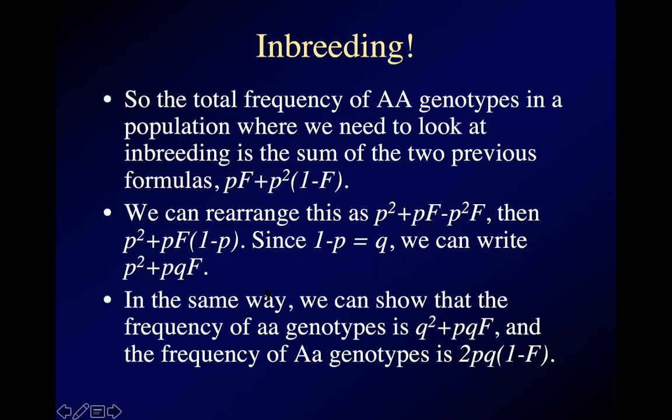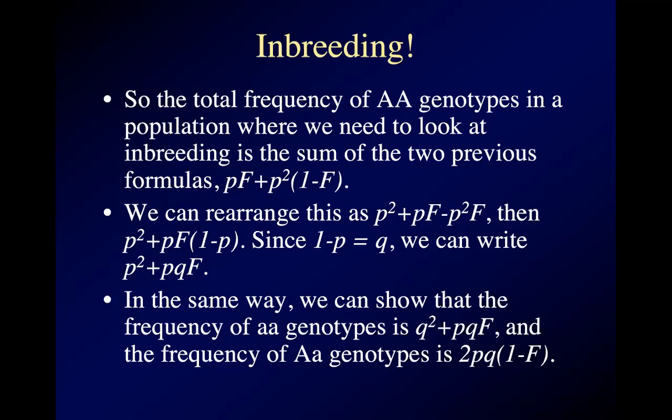Okay, so in a population where we're looking at inbreeding, the total frequency of big A genotypes is the sum of those two formulas, PF plus P squared times 1 minus F. And we can do a little bit of algebra on this. We can rearrange it as you see, and then since Q is always equal to 1 minus P, we can turn that into p squared plus pqf.